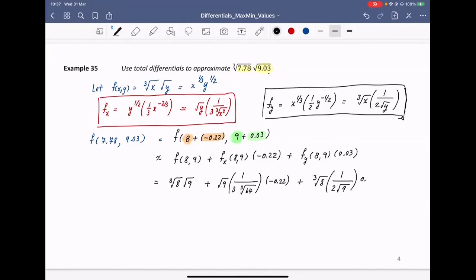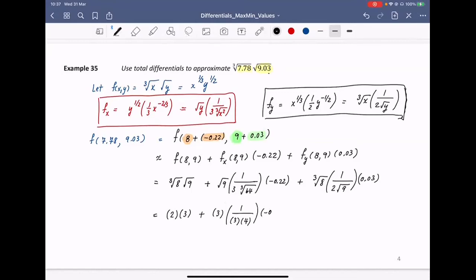Well, again, you have to be very careful when you plug in the numbers because the numbers look messy now. The cube root of 8 is 2. The square root of 9 is 3. 1/3 here. The cube root of 64 is 4, right? Because 4 times 4 times 4, three times, you get 64.